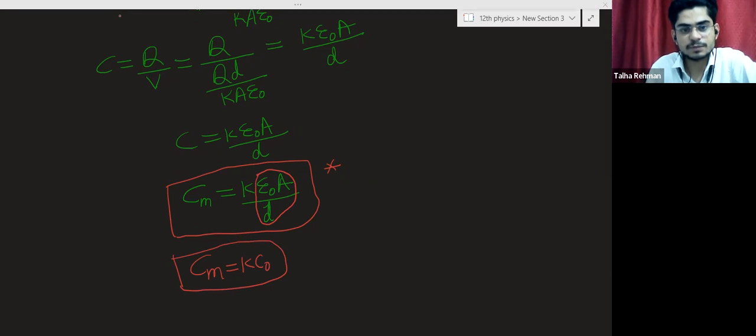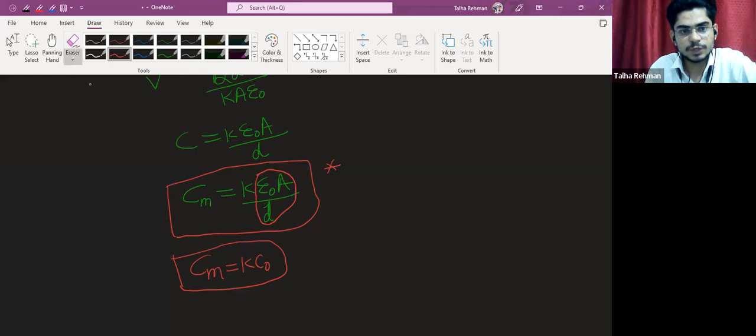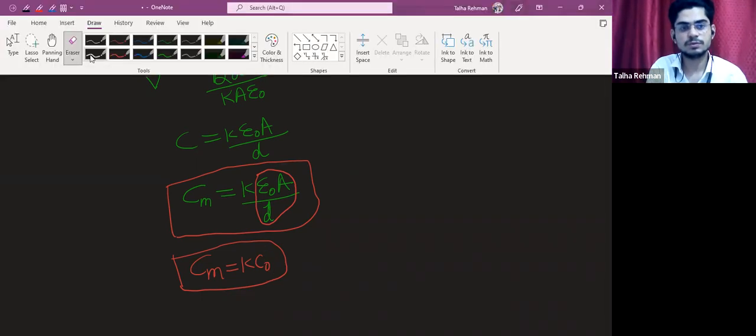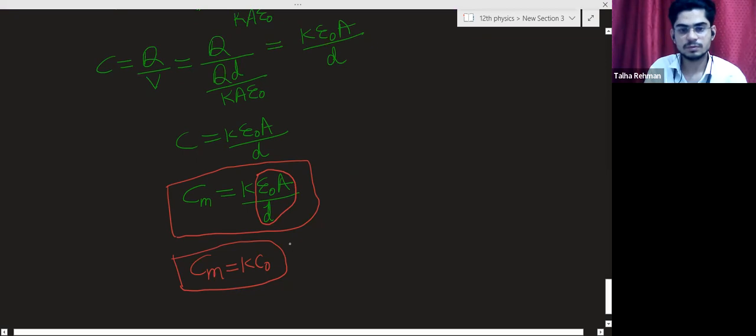So don't remember this formula, no need. Only remember this formula and write the value of C naught. Okay, this is important from your examination point of view.